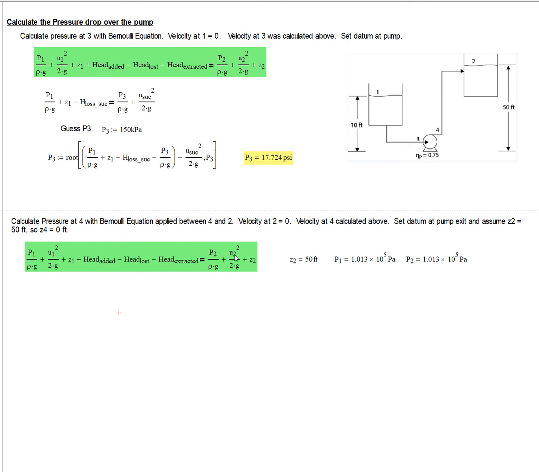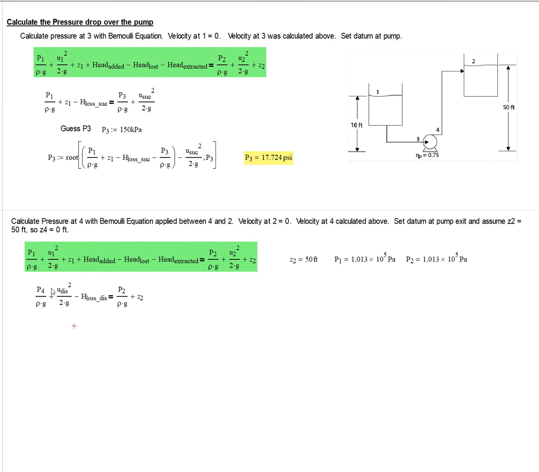The velocity at position 2 is equal to 0, but we do have a velocity at position 4 at the inlet. Our Bernoulli equation may be a little confusing because this is my general form, and then I am changing to the specific numbers of our system.